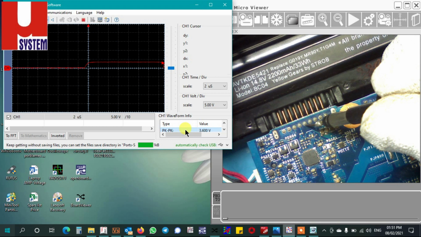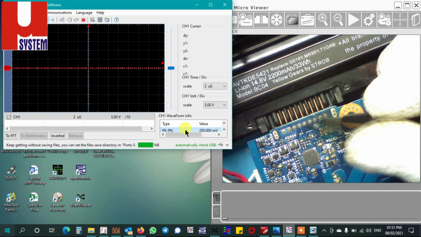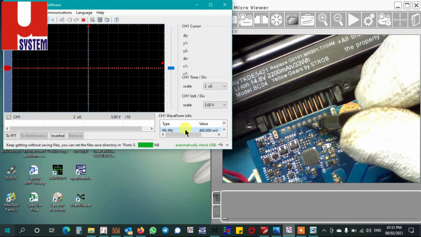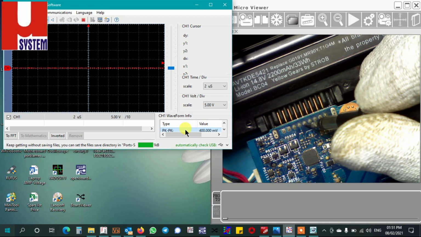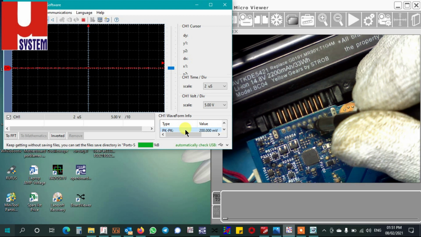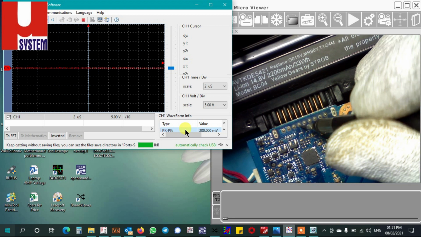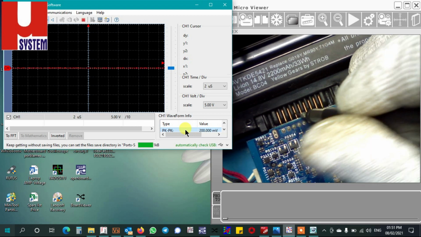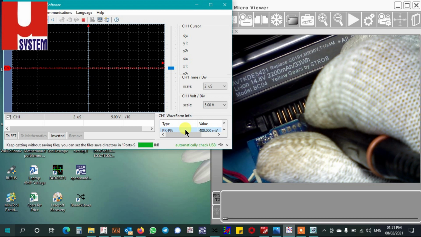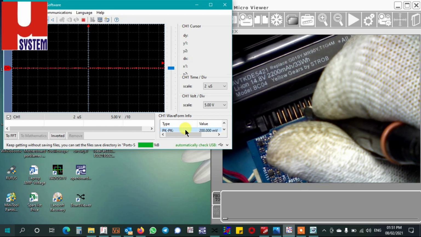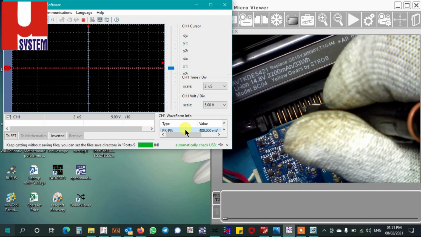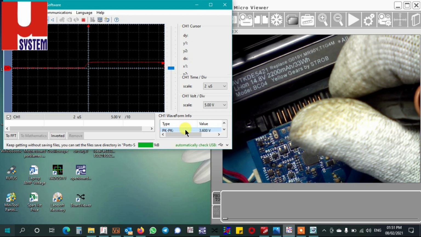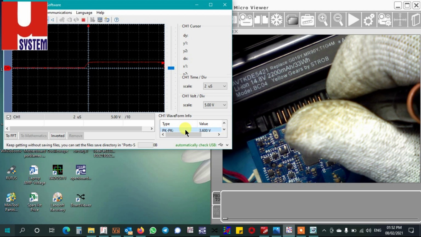This is the third point. This is another point. Here you can see the data.